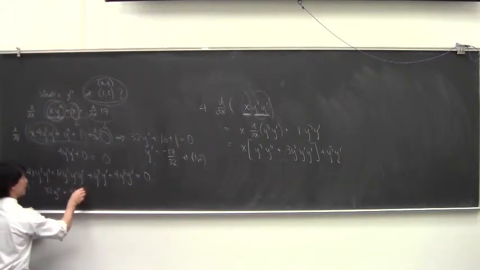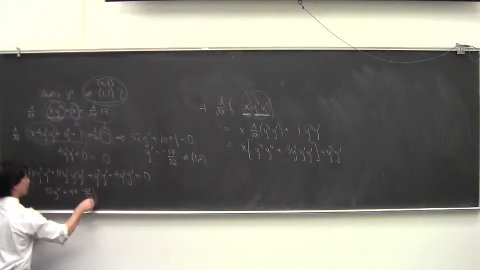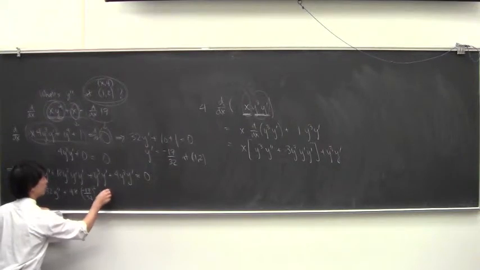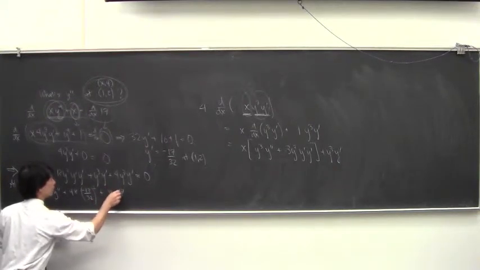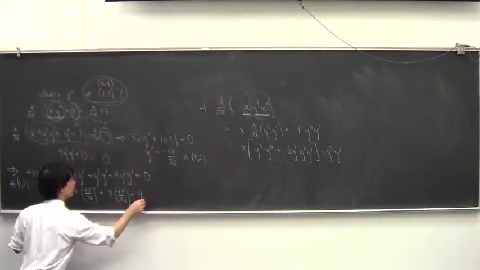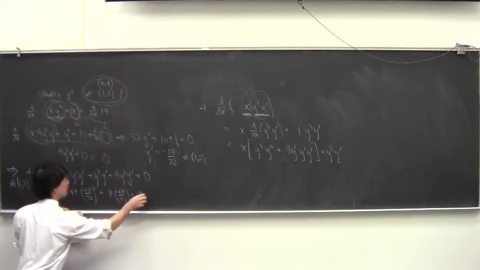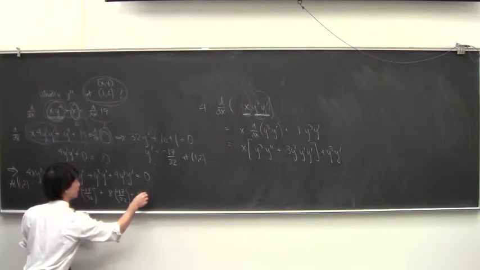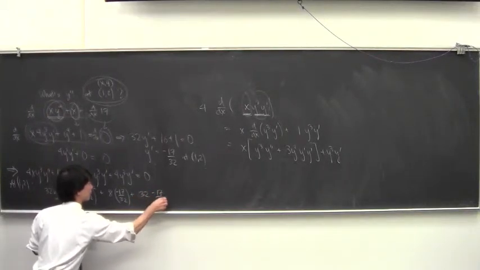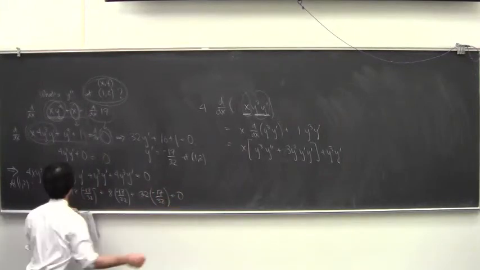Y prime squared, so y prime, remember, was negative 17 over 32, right? Plus y cubed times y prime plus 4 y cubed y prime. I should have put those together, but it doesn't matter. 4 y cubed y prime equals 0.